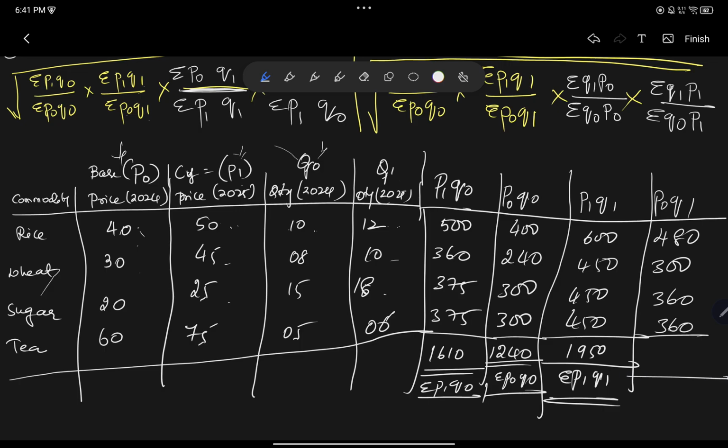So now what is the total? 480 plus 300 plus 360 plus 360 is 1500. This is summation of P0 Q1, correct? So I have all the 4 items.